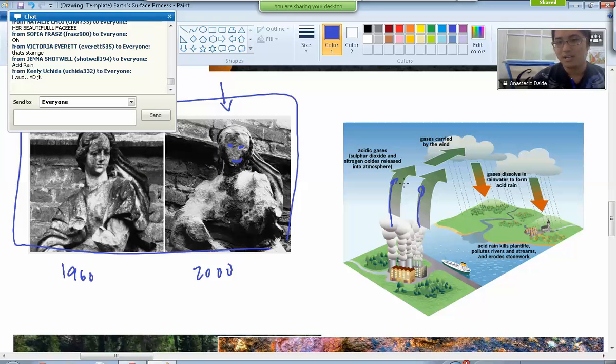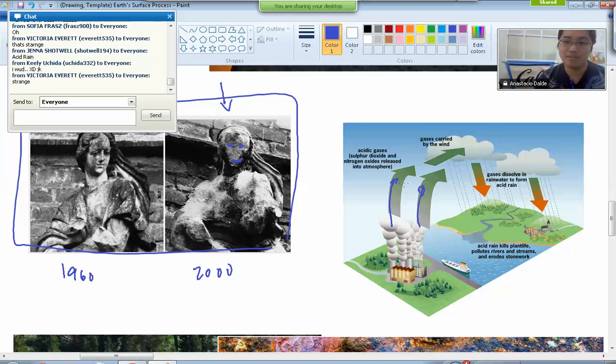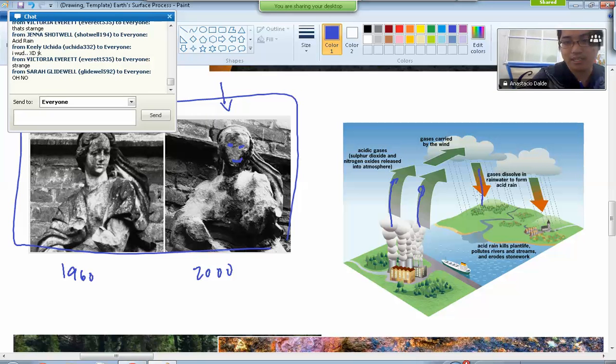Those are acid gases. And that stuff comes down in the form of rain, and they give you acid rain. And because this statue was outside and it was getting rained on, the acid actually burned away all of the features. That sucks. That's all that hard work.